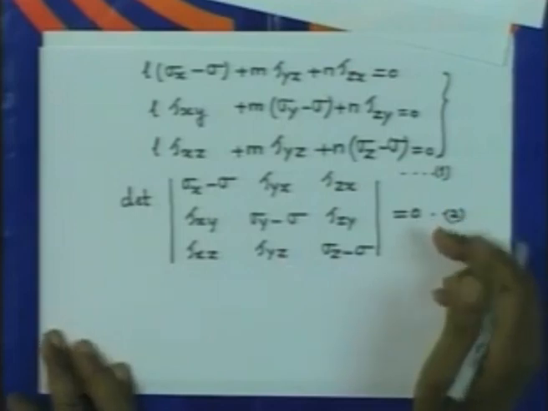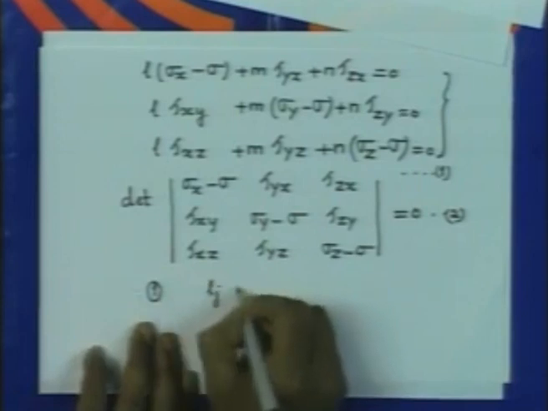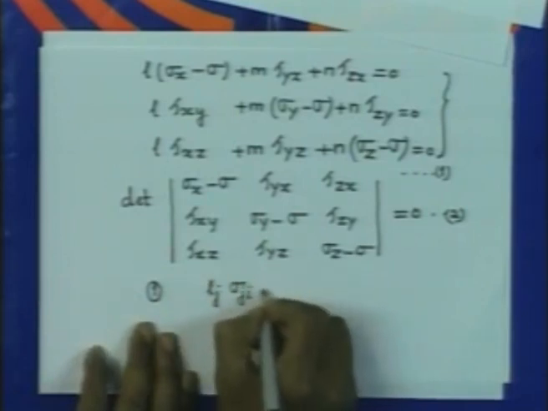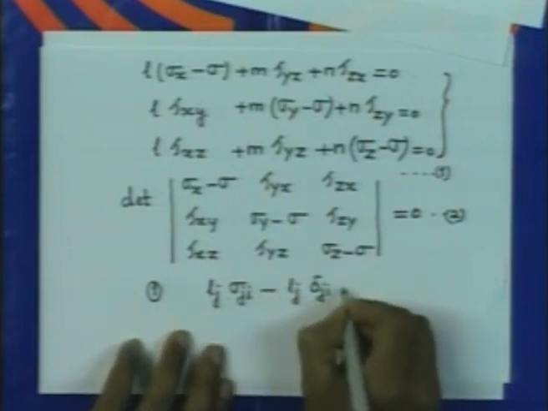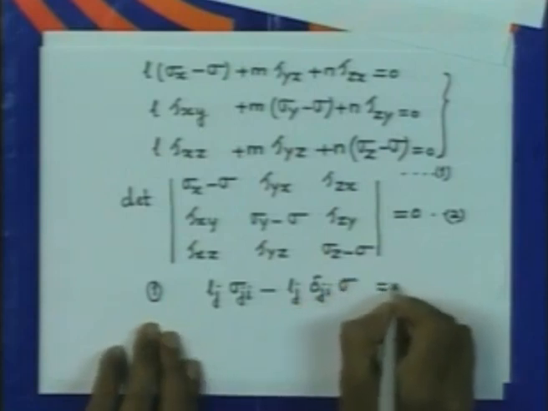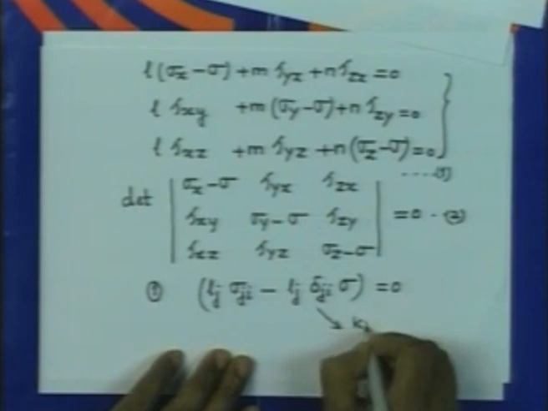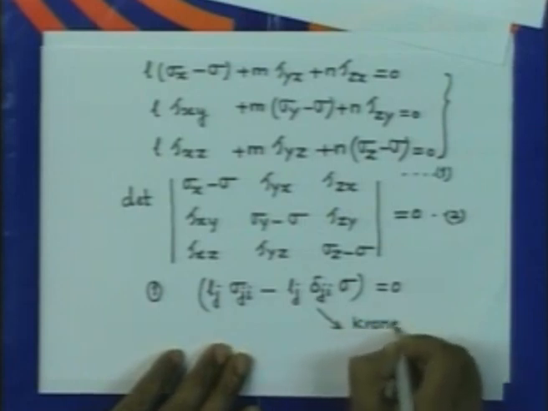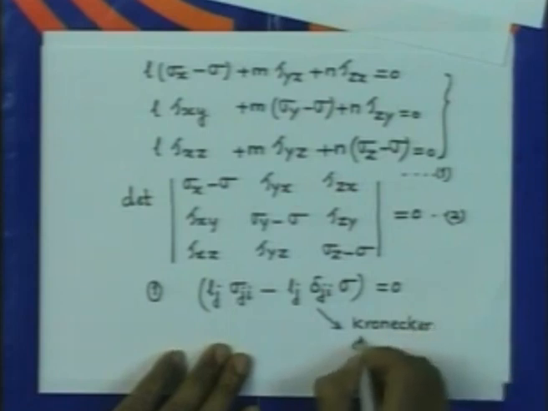Particularly, we can use also the tensor notation to represent equation number 1 in the following form, that Lj sigma ji minus Lj delta ji into sigma equal to 0, where this delta ji is nothing but Kronecker delta.